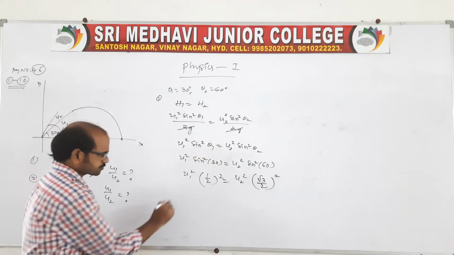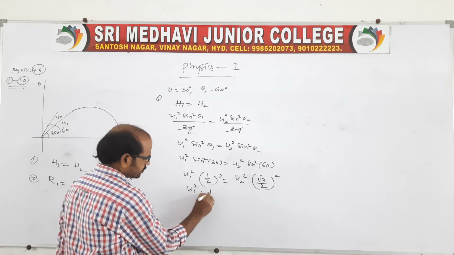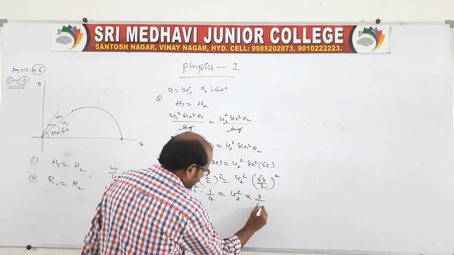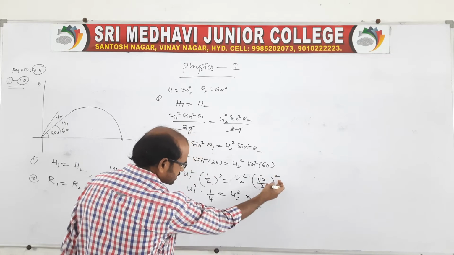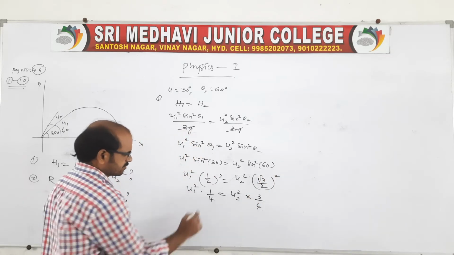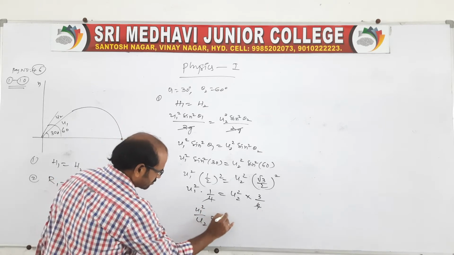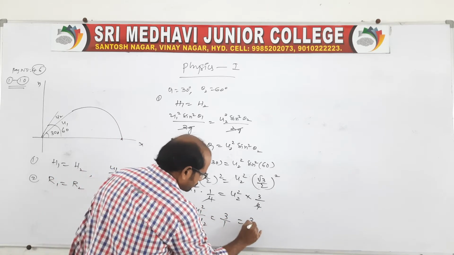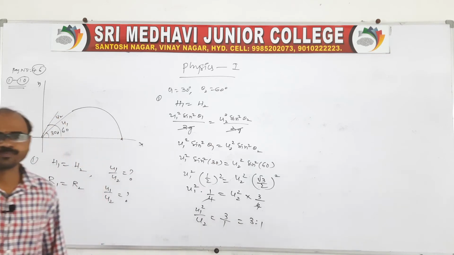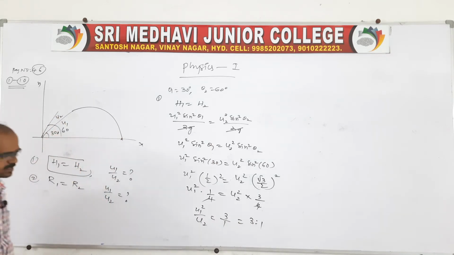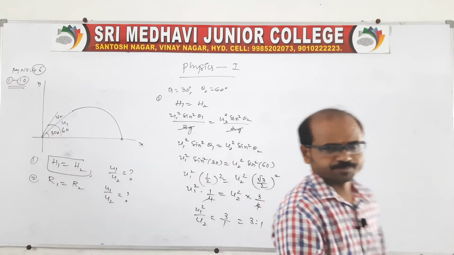Therefore u1 square into 1 by 4 is equal to u2 square into 3 by 4, because the squares cancel. So u1 square by u2 square is equal to 3 by 1, that is 3:1. When the maximum heights are equal for these angles, the ratio is 3:1.